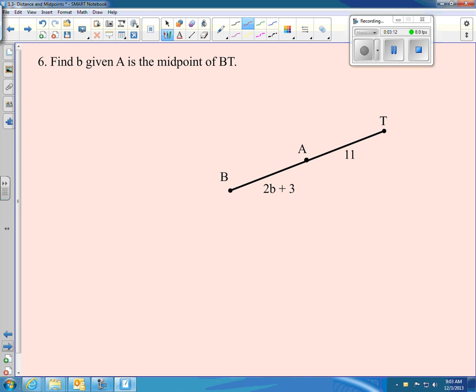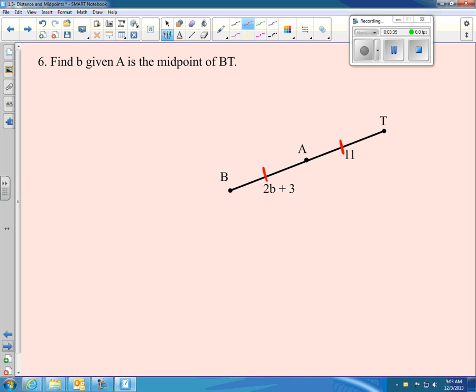Let's talk about number 6. Find B when A is the midpoint of BT. If A is the midpoint of BT, that means it's the halfway point between 2 points, so BA is congruent to AT. Those 2 little hash marks I made just mean they're congruent, or equal.